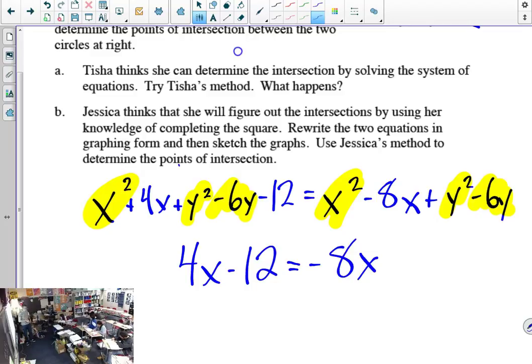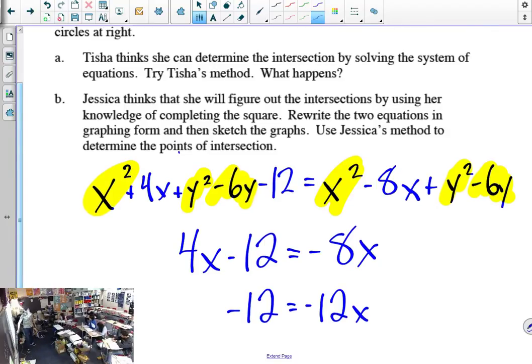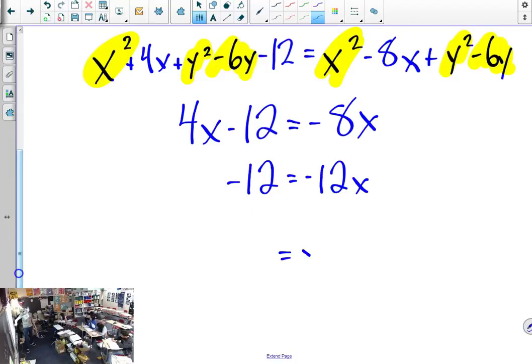Then you just add 8x to both sides and add 12 to both sides, or just subtract 4x. It's all up to you. We're working with negative numbers now, but one step, two step, it's your choice. And then it's x equals 1.